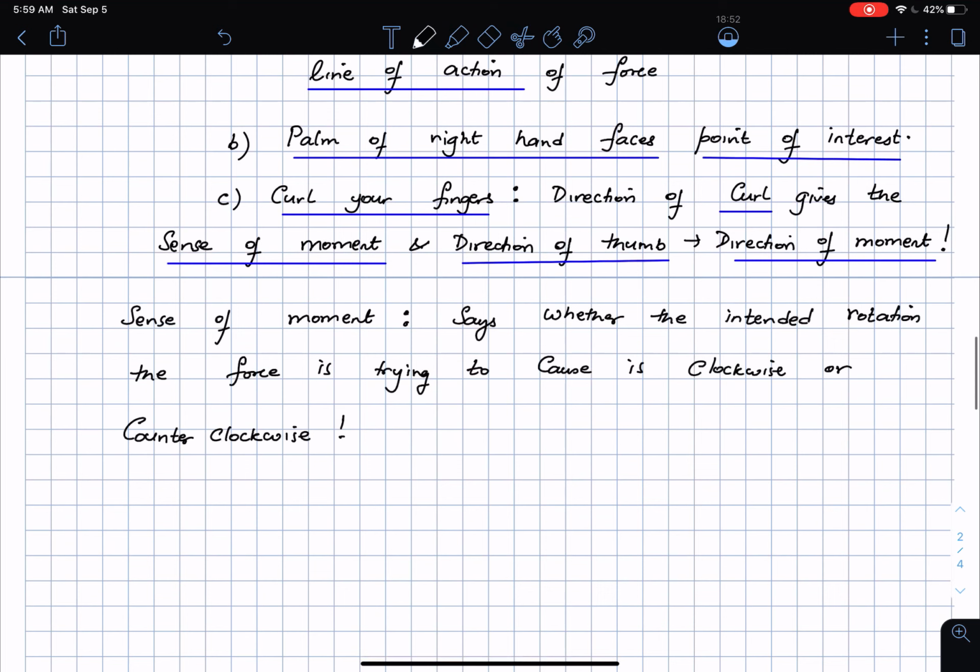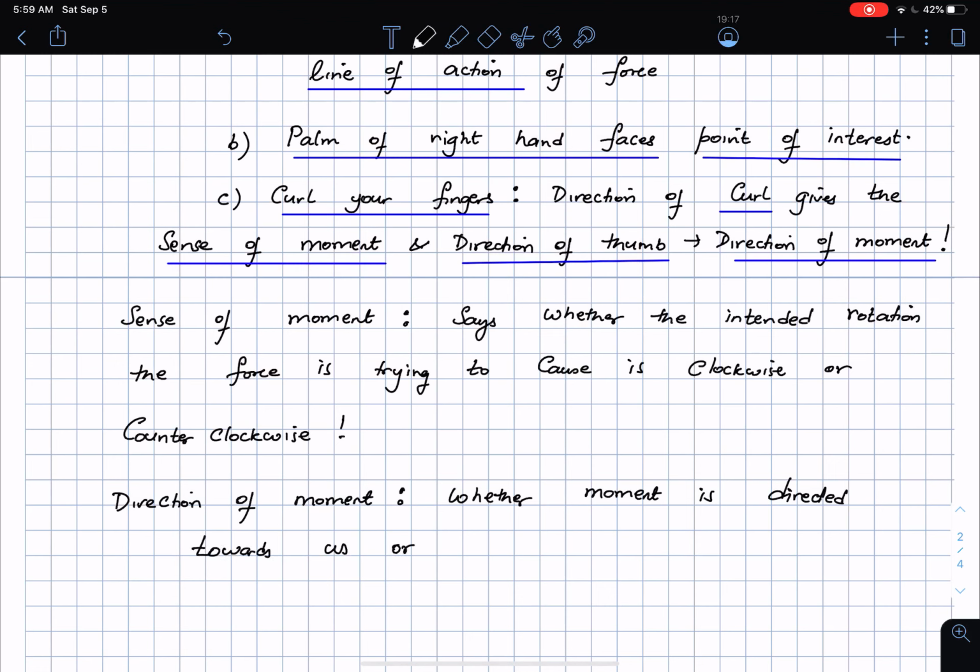And the direction of the moment signifies whether the moment is directed towards us or away from us.